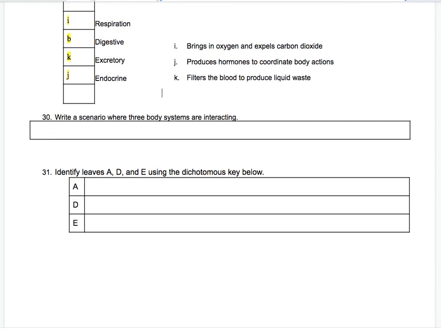Number 30, we're going to write a scenario where 3 body systems are interacting. And my favorite one to use is us breathing. So we breathe in using the respiratory system. And that oxygen is carried to the circulatory system.